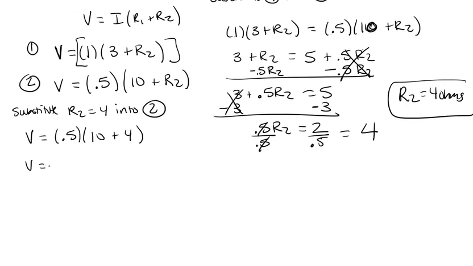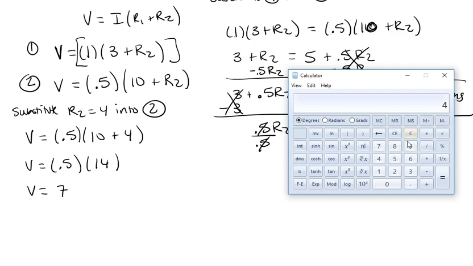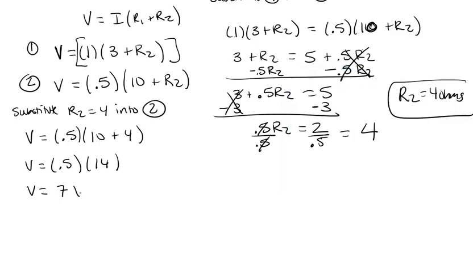First deal with 10 plus 4, so that's 14. Now we have voltage equals 0.5 times 14. So 1/2 times 14 is 7. We can always get our calculators out: 0.5 times 14, we get 7. And this is in volts. So we have our two unknowns solved for.